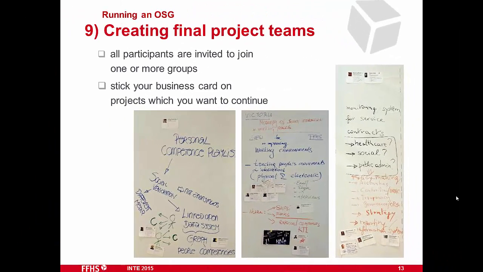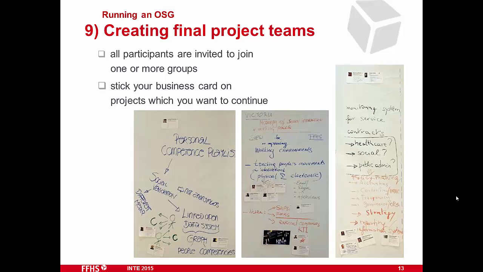Now it comes to the final step where the project teams have to be built. These project teams should continue to work on this project. The participants are free, after the presentation of every project idea, to put their business cards on any of the project ideas, even if they did not work in this group.